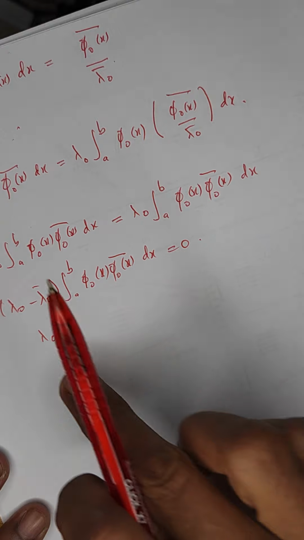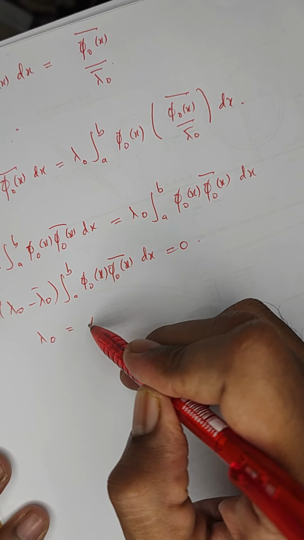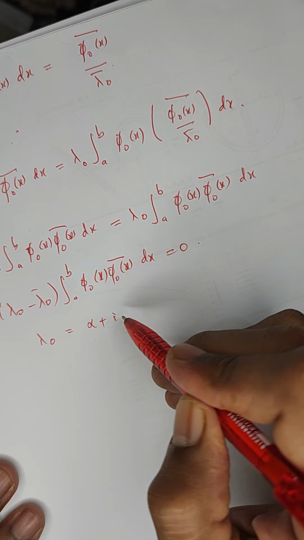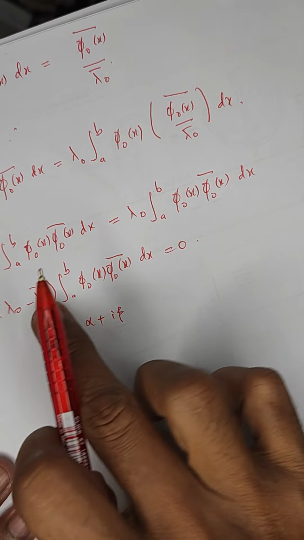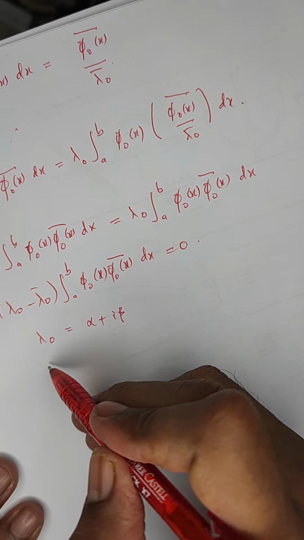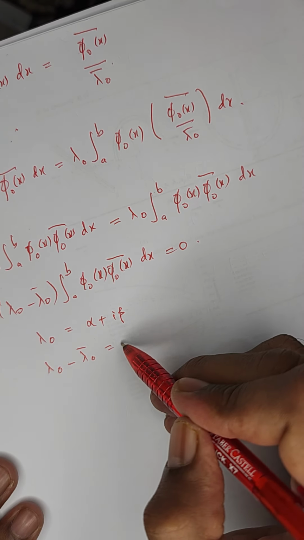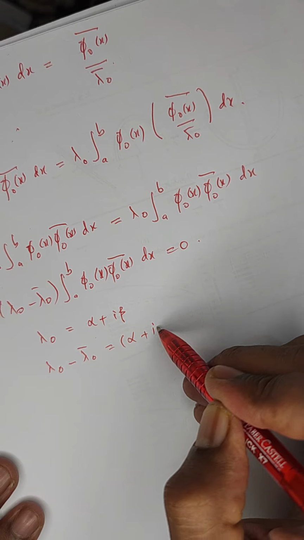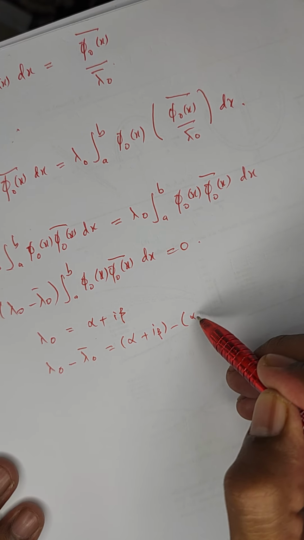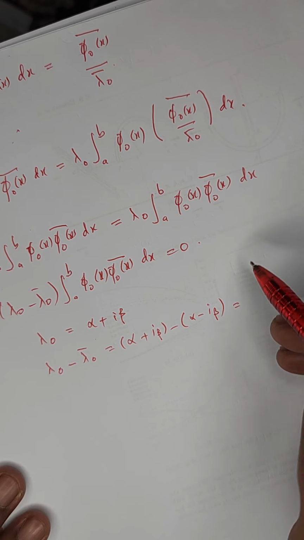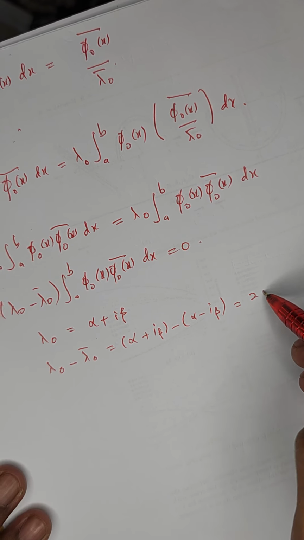So lambda naught is alpha plus i beta. We need to substitute into that. So lambda naught minus lambda naught bar gives alpha plus i beta minus alpha minus i beta, that gives you 2i beta.